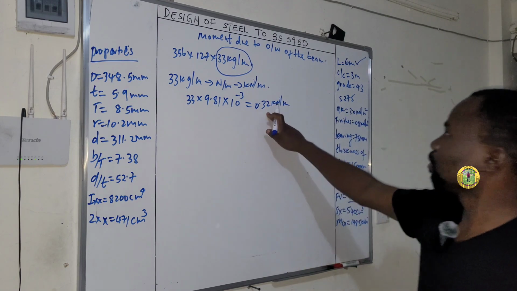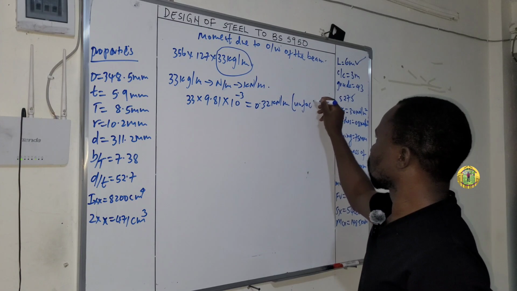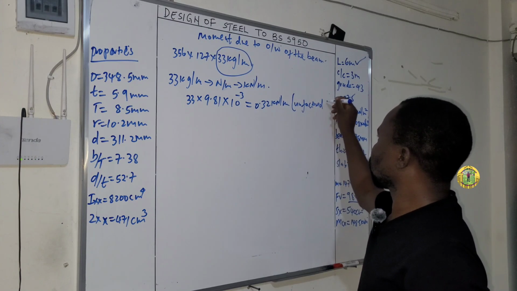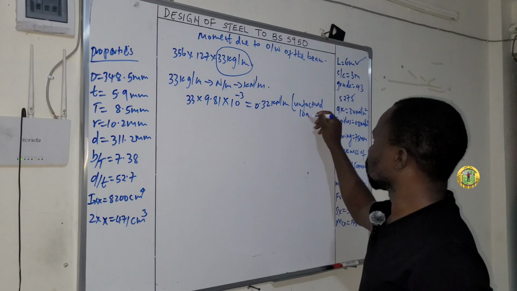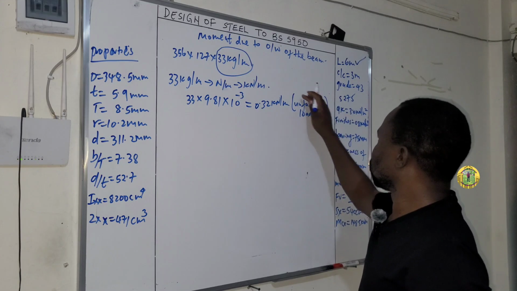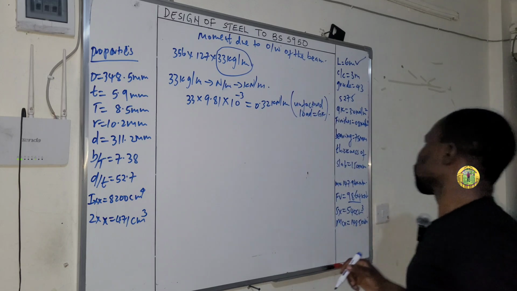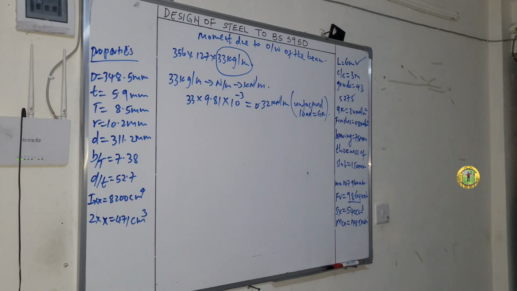Remember, this is unfactored load, and it is the Gk, because it is the self weight of the beam.